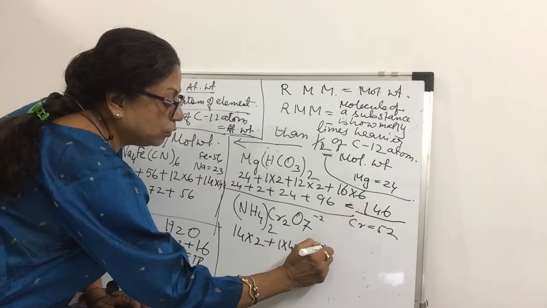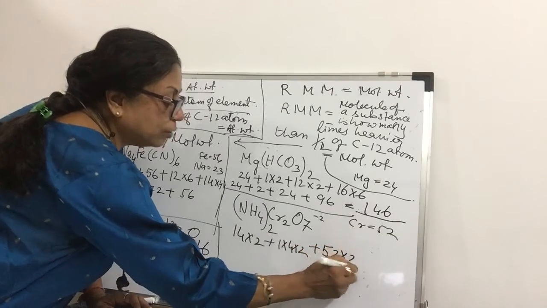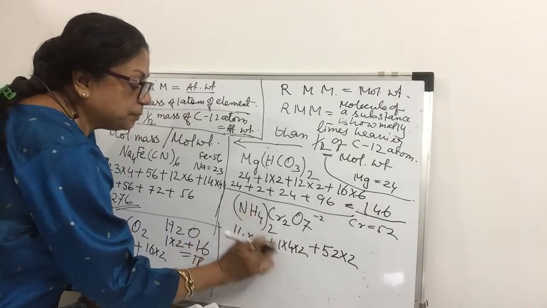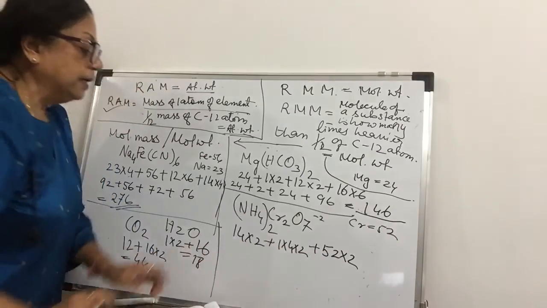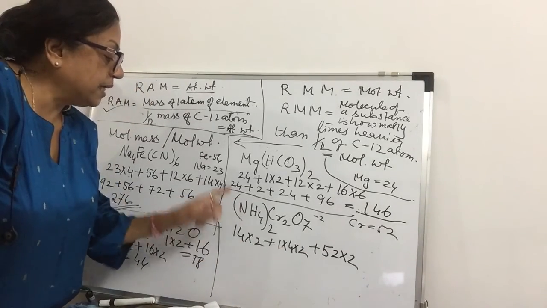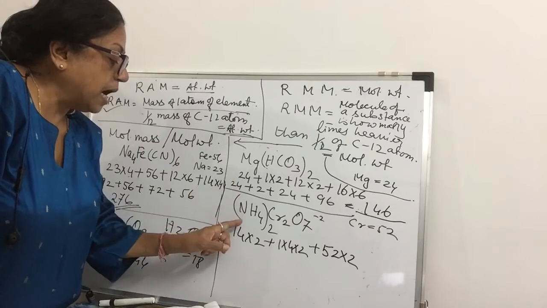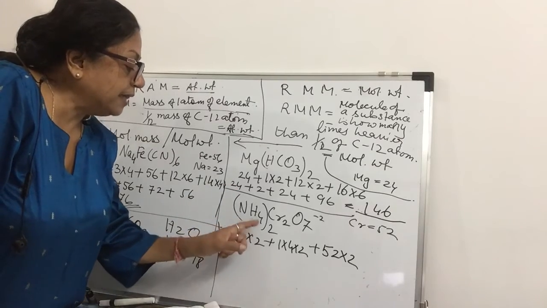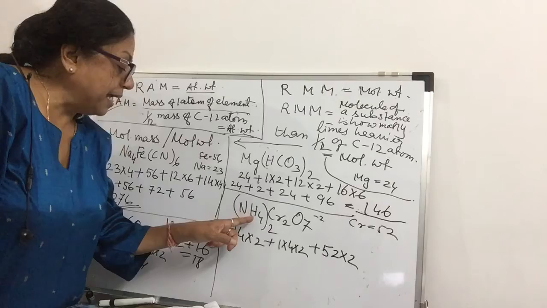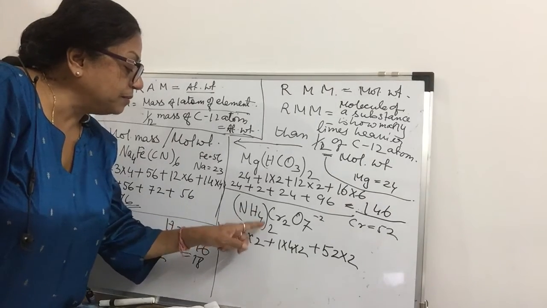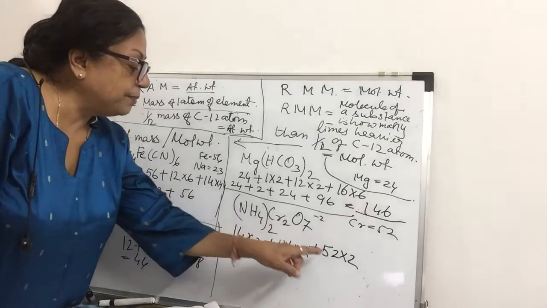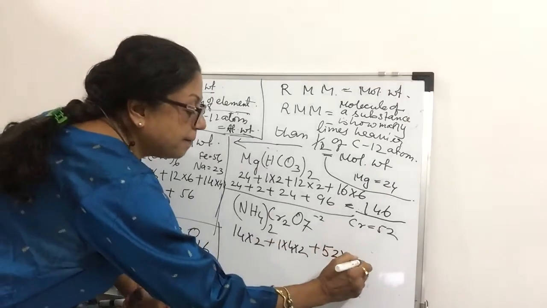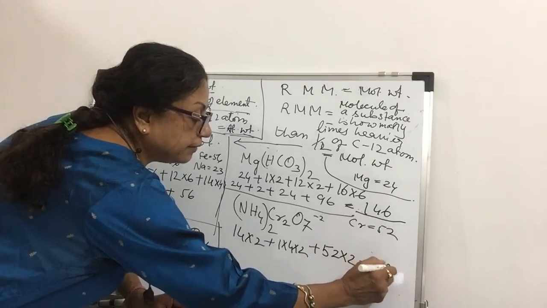So 52 into 2. See here, everything is plus, plus, plus. The elements which are given are multiplied with the atoms and then plus. Then again, element multiplied with the atoms, then plus. Then here it is again 16 into 7.